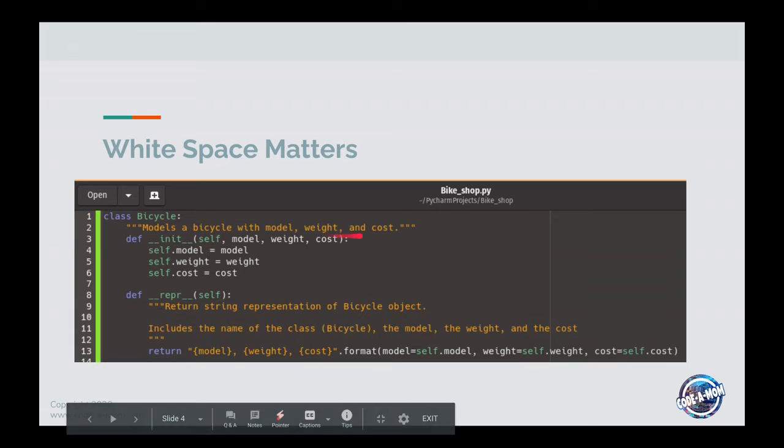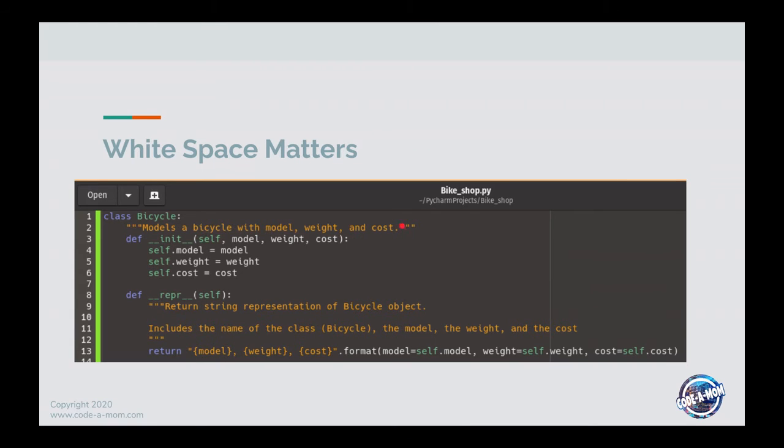Here we have a docstring, which gives you some basic information about what the class does, and then we have two methods, which are functions that apply to this particular class. We have an initialization method that just pre-populates an instance of the class.